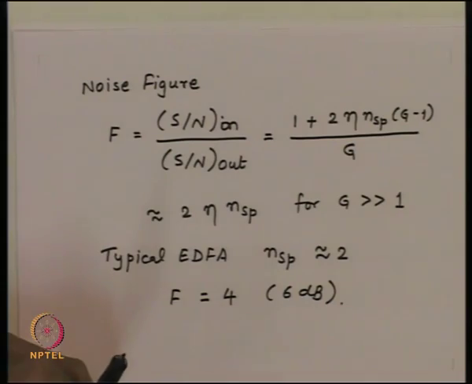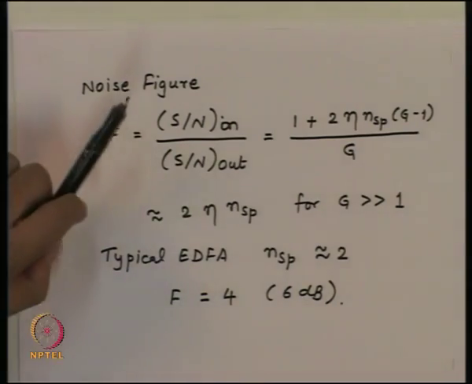So what we have done in this lecture, we have essentially seen the various characteristics of the erbium doped fiber amplifier. We saw that for this amplifier there is a gain saturation effect, there is an optimum length for getting the maximum gain from the amplifier, and then there is also the ASE, amplified spontaneous emission noise.